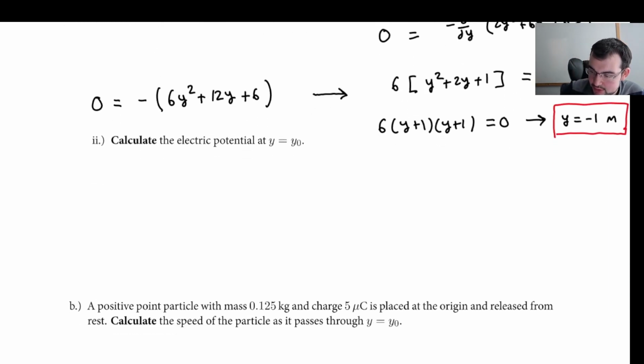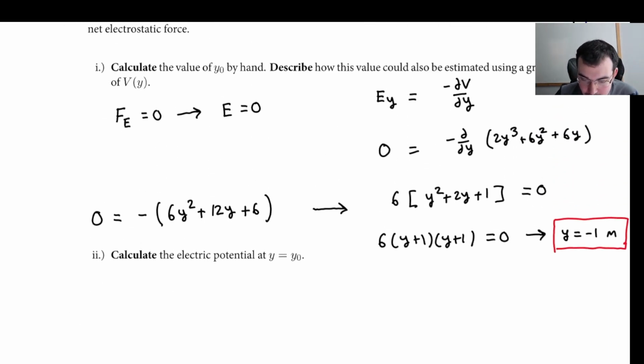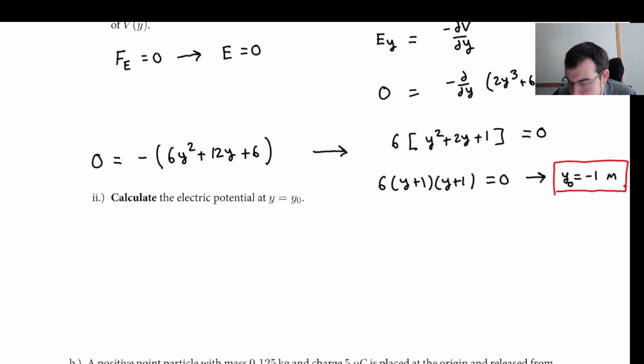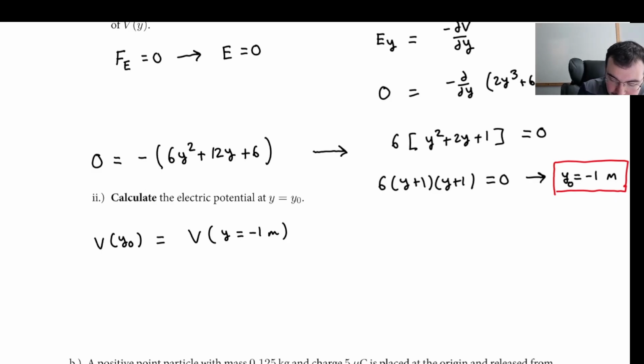So let's calculate the electric potential at y equals y0. We're calling this y0. So V of y0 is just going to be the potential when y is equal to negative 1 meters. So our original potential function was 2 times y cubed plus 6 times y squared plus 6 times y.